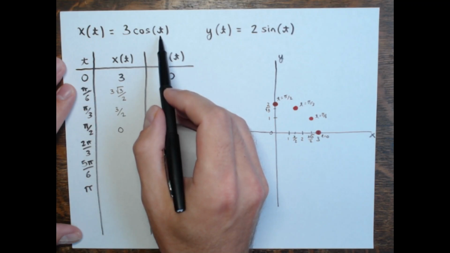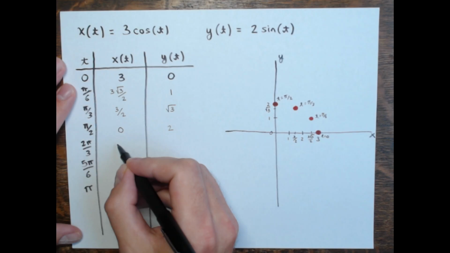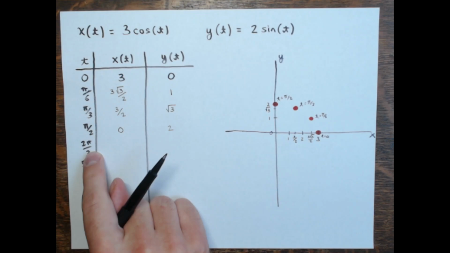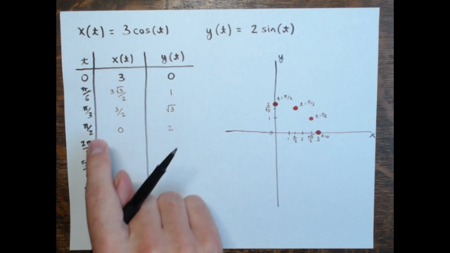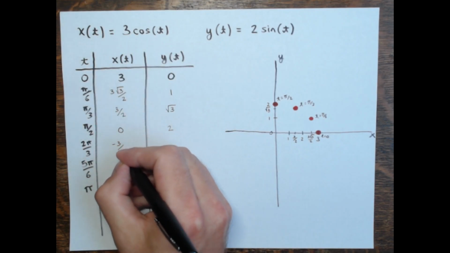Cosine of 2 pi over 3 is a half again. Oh, no, sorry, it was a negative half. My apologies. Cosine of 2 pi over 3 is negative half. That would be a quadrant 2 angle, so negative cosine. So negative half times 3, negative 3 halves for the x-coordinate.